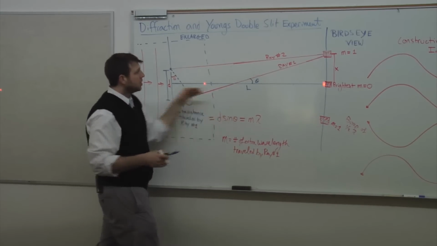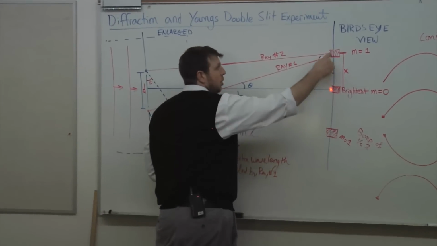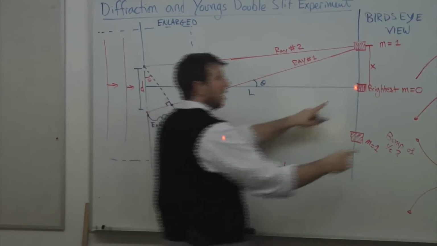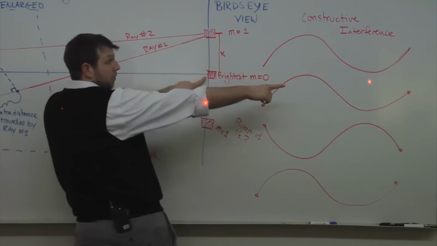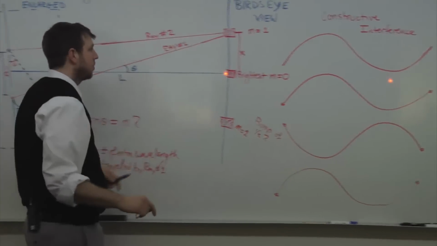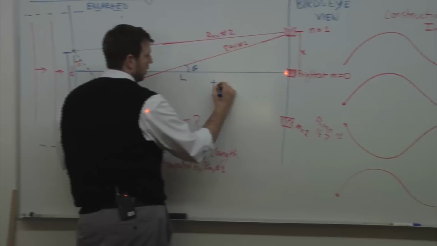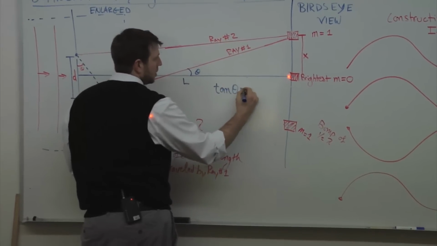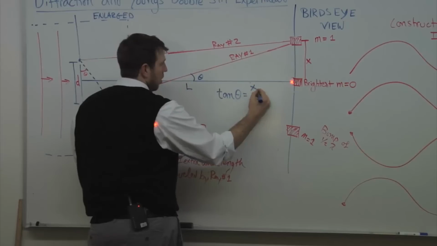So the relationship here is, if I have the length from the laser to the screen and the distance between my maximums, which would be this distance right here, this bright spot to its first not as bright spot, then the tangent of theta is going to equal my opposite side of my triangle, x, over L.